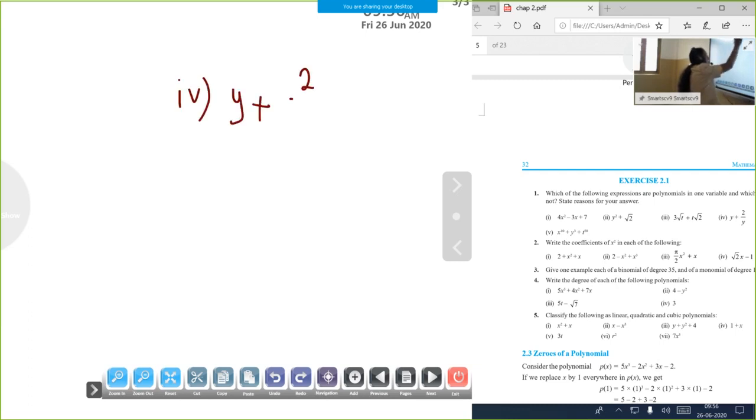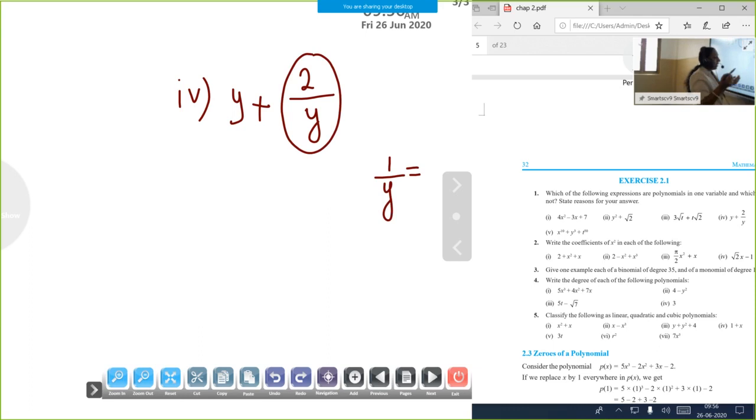y plus 2 by y. Here also see this, when we take that term, that is 1 by y. How do you write that 1 by y in exponential form? 1 by y equals y raised to minus 1. So 2 by y means 2 into 1 by y, which is 2y raised to minus 1.